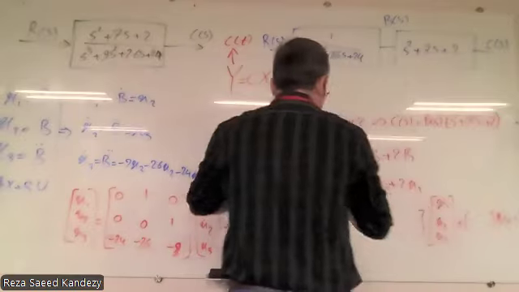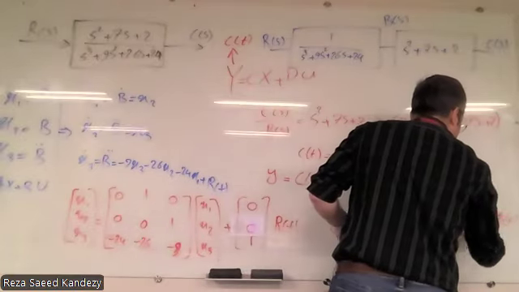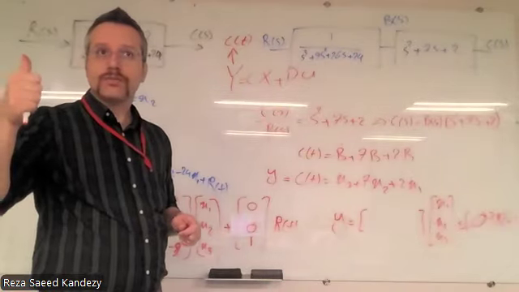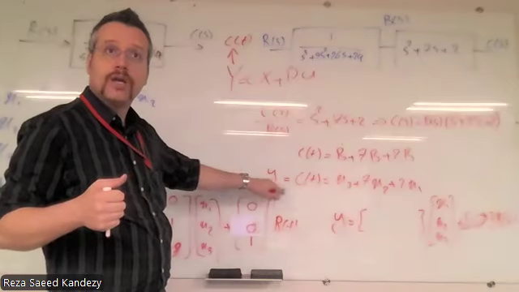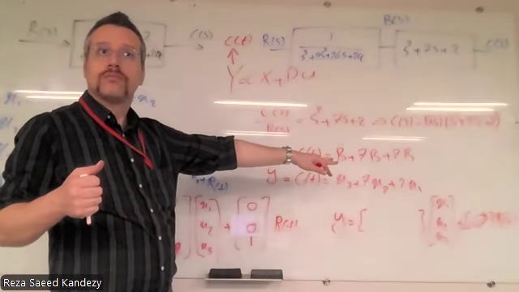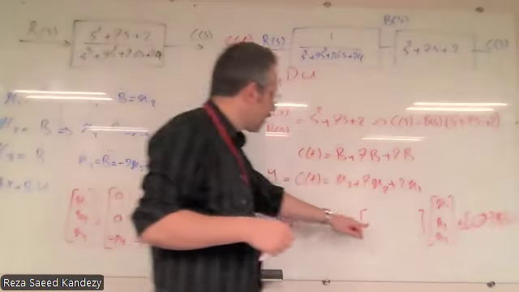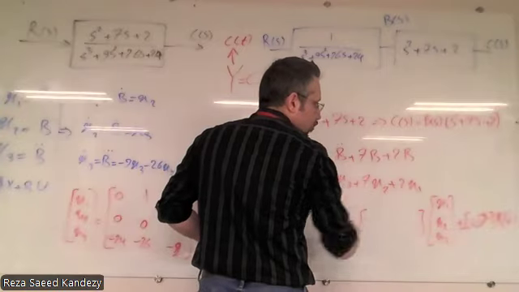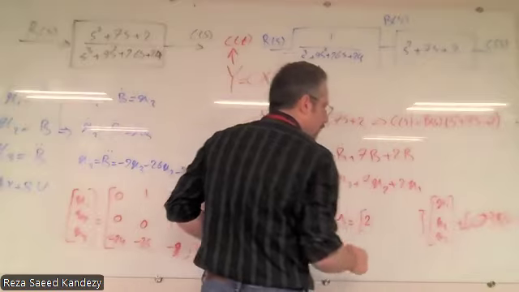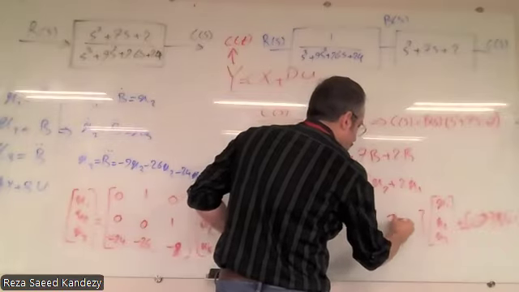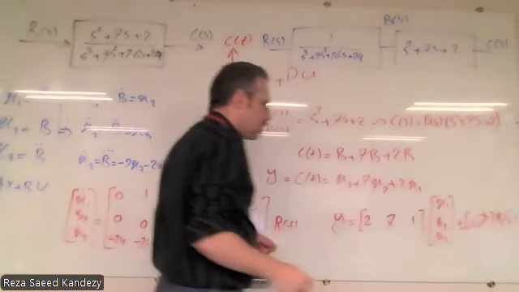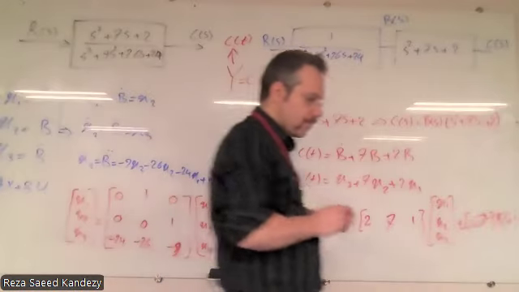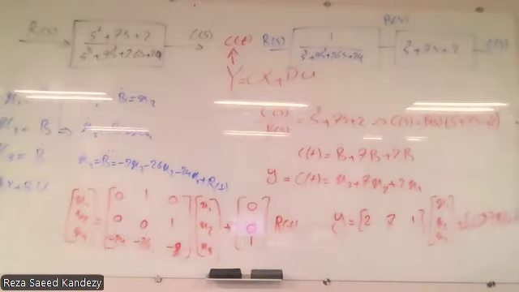Now, I don't have any R(t) in the y equation, so this is 0, and I don't need this. Is that clear? In the equation of y, I don't have any input. Are we good? Now, here I have 2x1, so it's going to be 2, 7x2, and 1x3. So now I have the full state space model for that initial block diagram that I had.